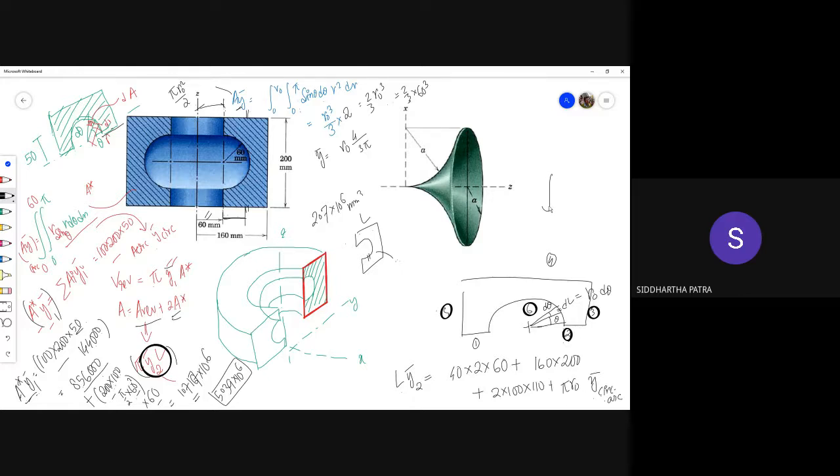So integration of r0 d theta, and multiply to that r0 sine theta for the y coordinate, and then integrate between 0 to pi, and that would be actually pi r0, which is the length of the circular arc, times y bar of the circular arc.